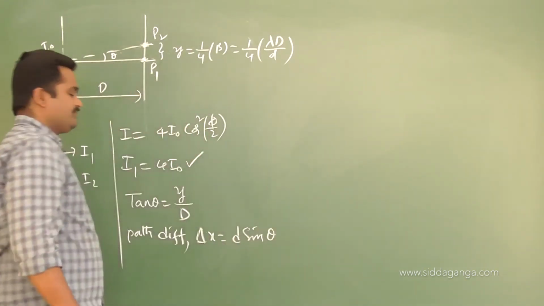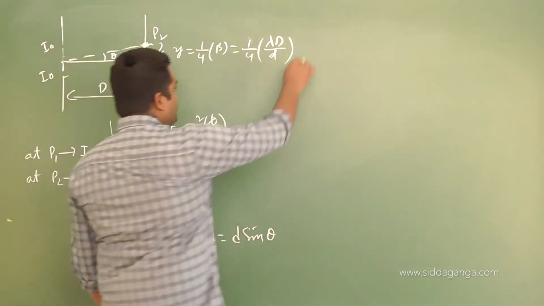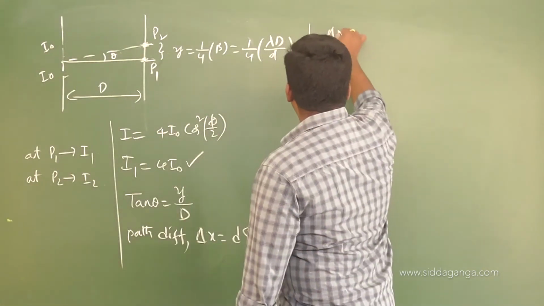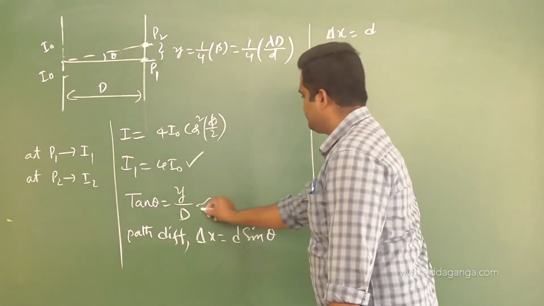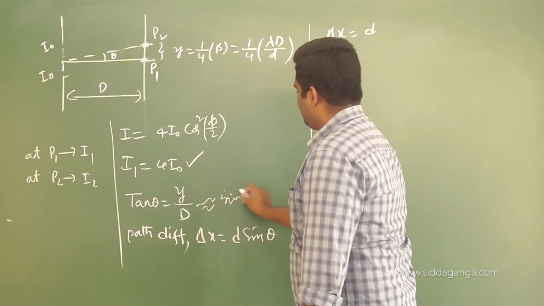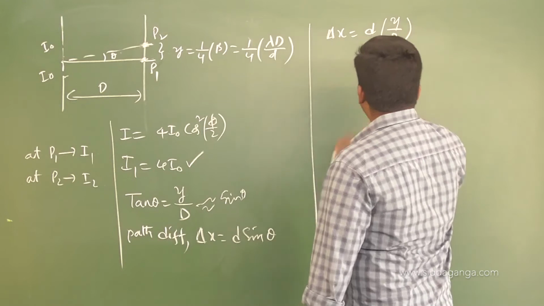You remember the relation? Sin theta is almost equal to tan theta, sin and tan are equal for small angles. So in place of sin theta, I can write y by capital D.